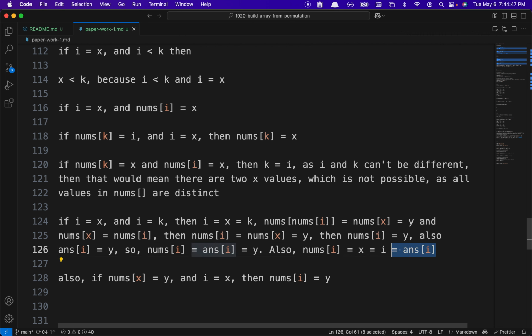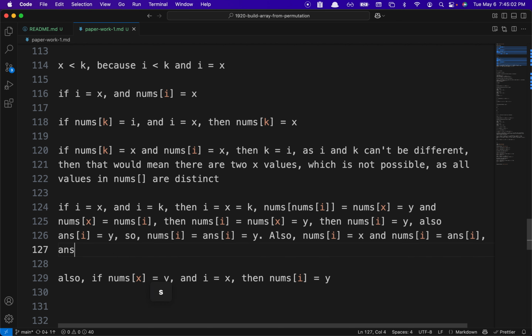Answer of i is x, and nums of i is equal to answer of i. Nums of answer of i equal to x. Answer of i equal to x, then x equal to y.